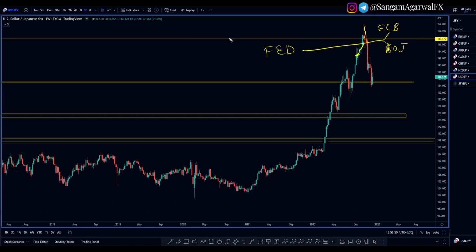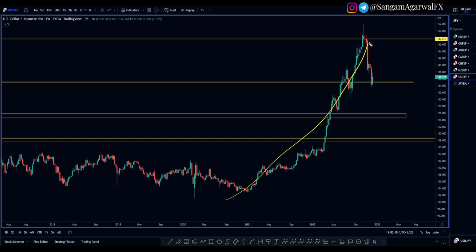So the Fed was giving dollar to these two central banks, and all of these were selling dollar constantly. So these were not retail traders or hedge funds, but central banks were selling dollar because that was a coordinated attack on dollar strength. Then hedge funds came later.